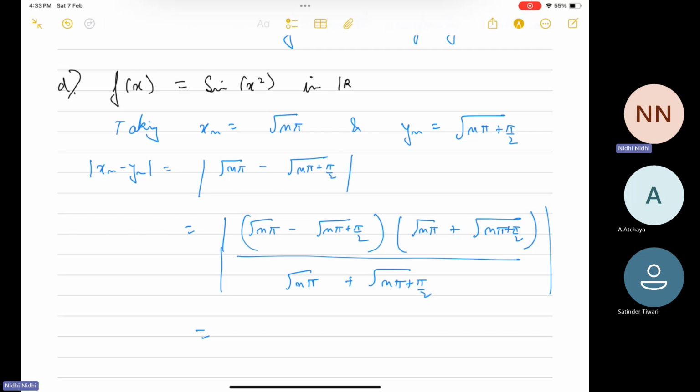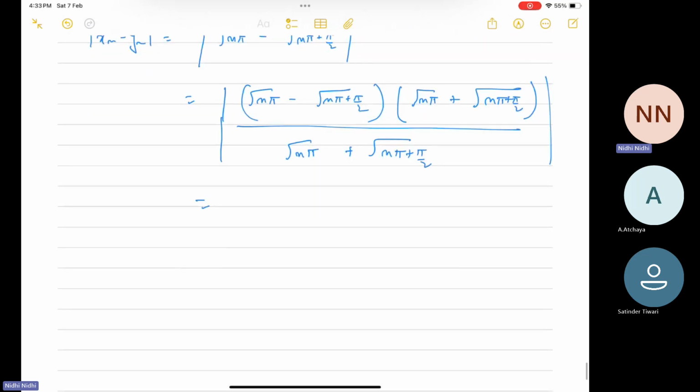And in the numerator, this is just a square minus b square, so n pi minus (n pi plus pi by 2), upon under root n pi plus under root of (n pi plus pi by 2).